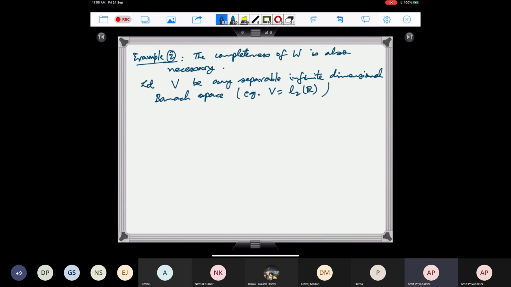So we take any separable infinite dimensional Banach space and take a Hamel basis for this.